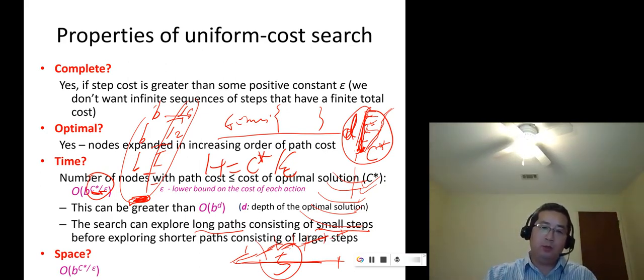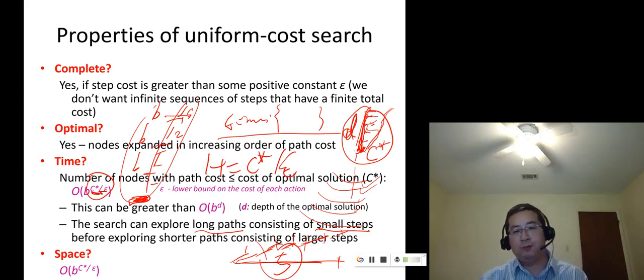You have to climb the hill from the bottom to the top. For example, maybe there's a lake on a hill, and there are different watersheds. And then the space is the same as this one. That means how many nodes we need to save.